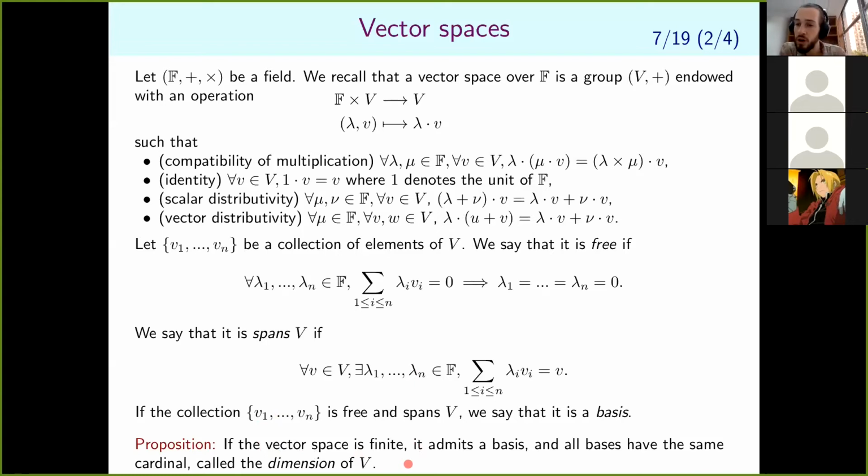And moreover, all the bases have the same cardinal. They all have the same n. And this cardinal is called the dimension of the vector space.